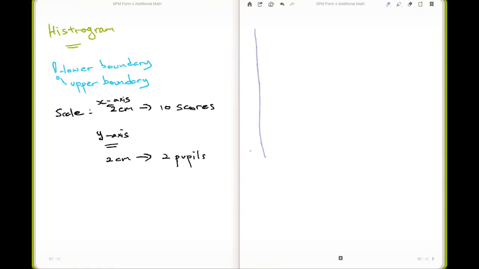Try to sketch it here. This is my score, this is my 0, my frequency. Then, interestingly, you should get something like this: 2 cm, and then 2 cm.